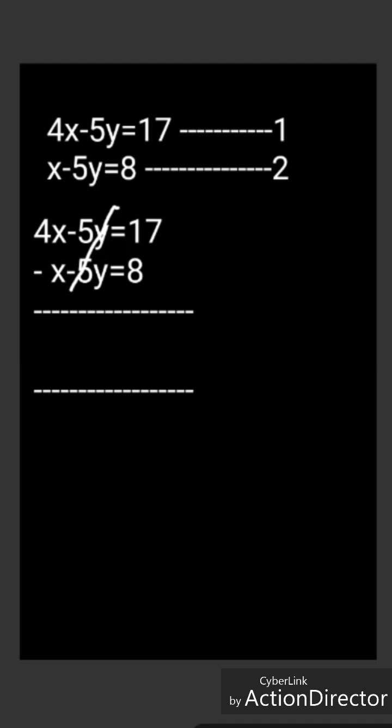And now the next thing you need to do is do 4x take away x, which is basically 1x, and that equals 3x. And then equals 17, this is minus over here, so you need to do 17 take away 8, which is 9.